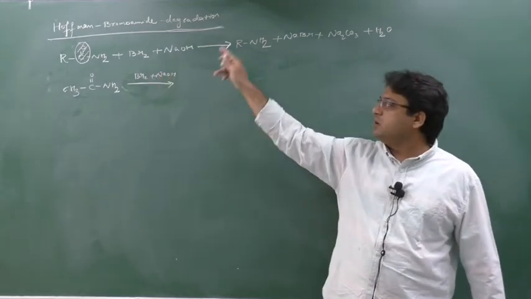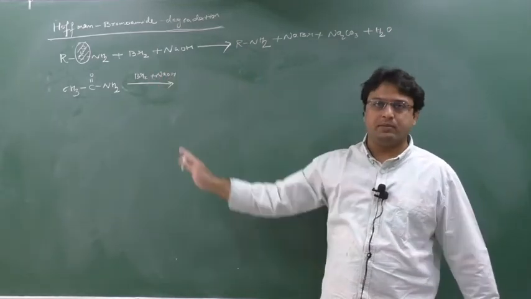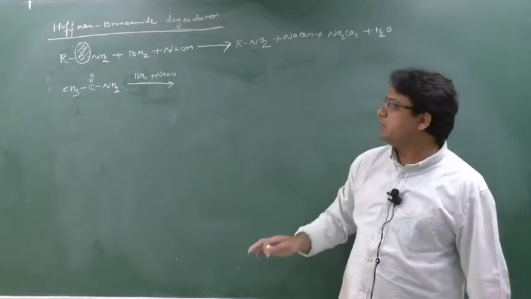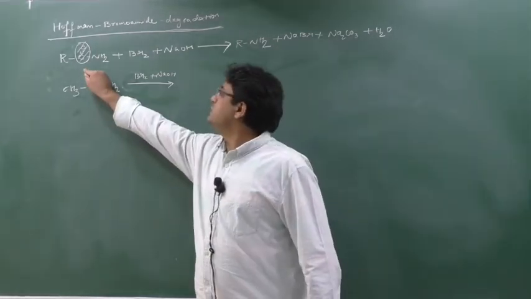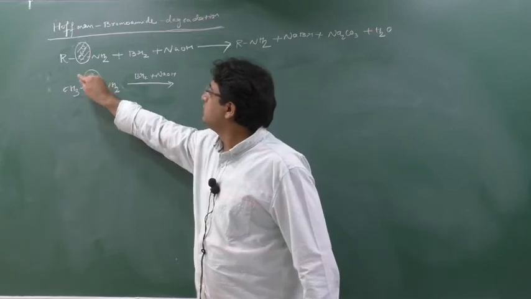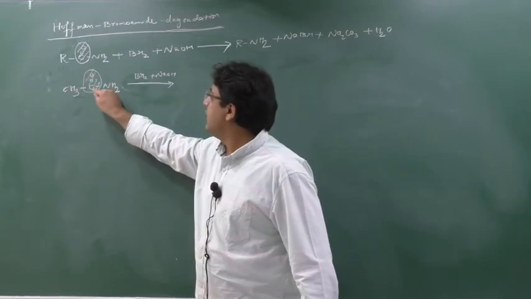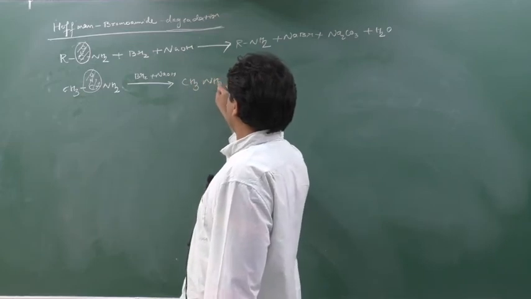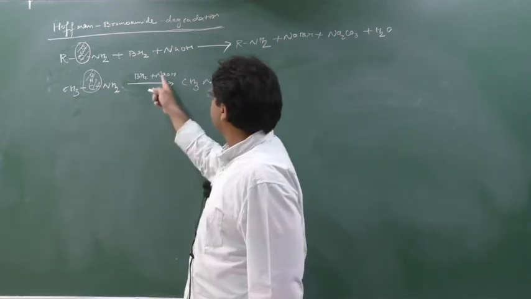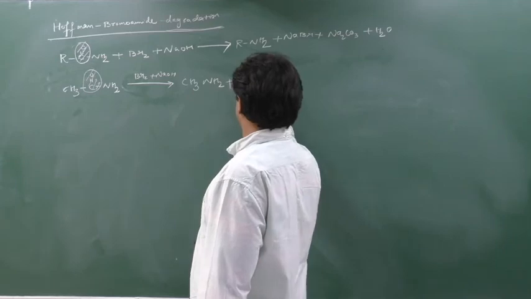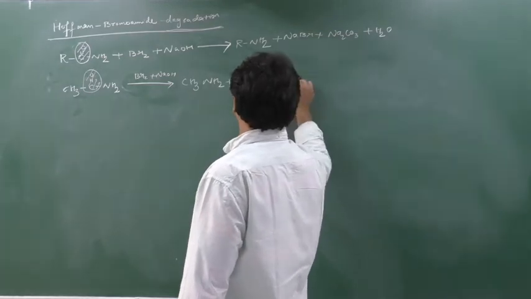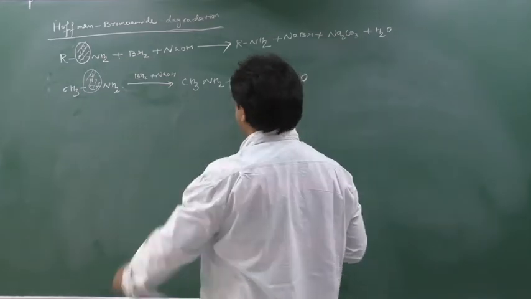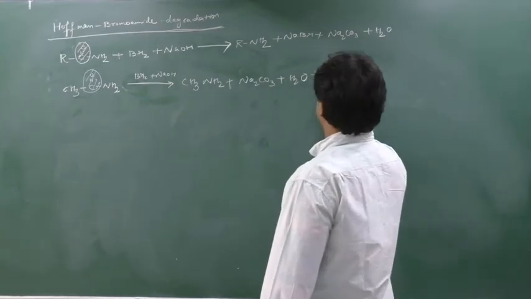So Br2 comes, NaOH comes means Hofmann bromamide. So you just take this CO, cancel it, and write down CH3NH2. This will be your first product. Then this CO will react with Na to form Na2CO3. Yes or no? H2O will be formed, and something with Br also should be there, no? So here it will form NaBr.